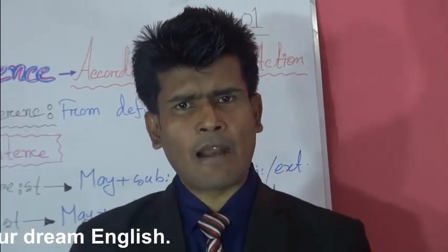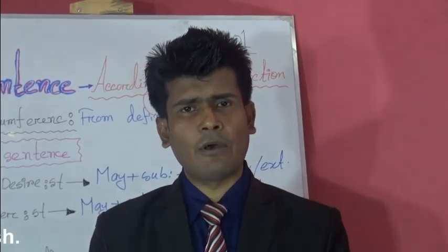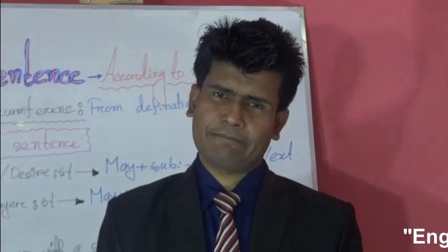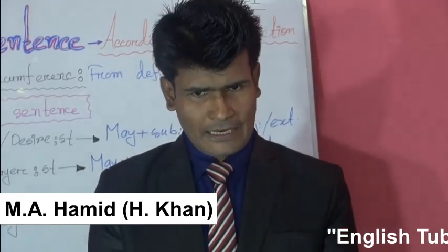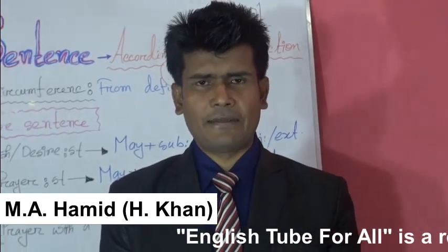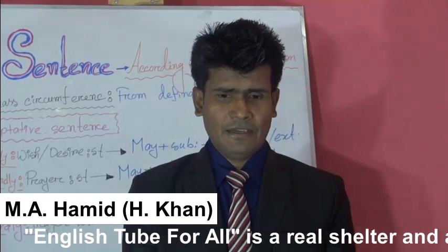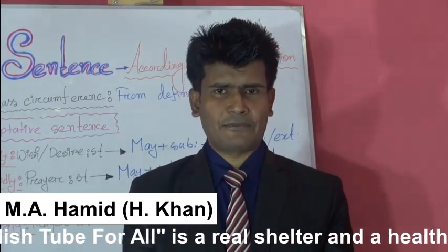May your mother come round soon is an example of prayer, and of course an example of optative sentence. May your father get through or tide over the crisis, that is another example. May your younger brother stand first in the examination, this is also an example of optative sentence.